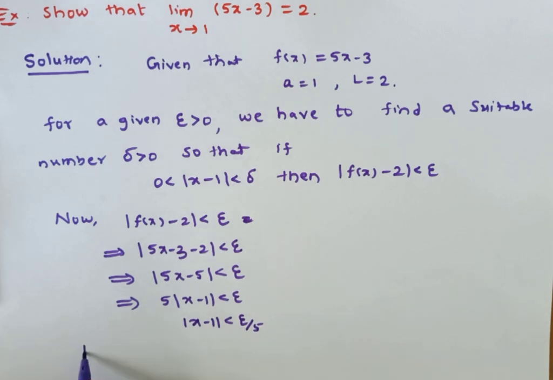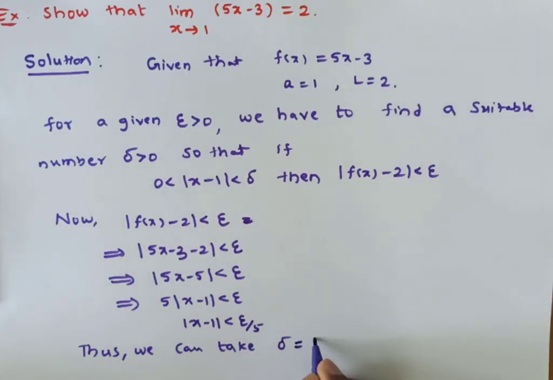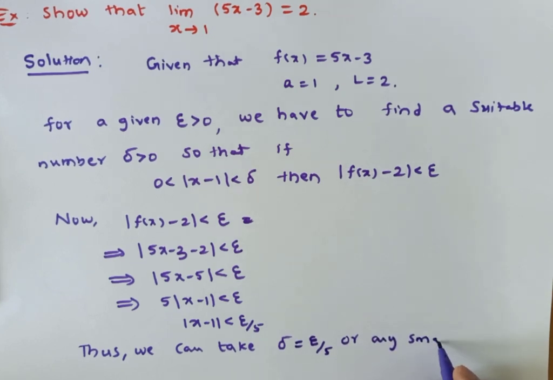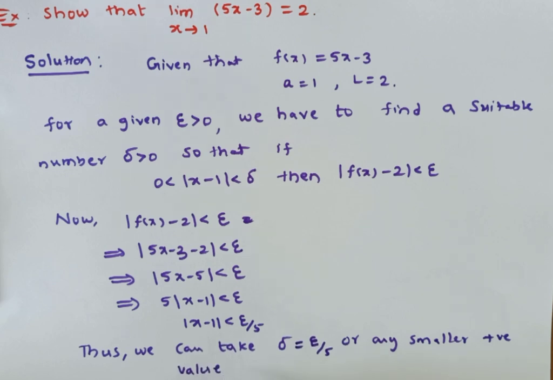Thus we can take delta as epsilon by 5, or any smaller positive value, no problem.